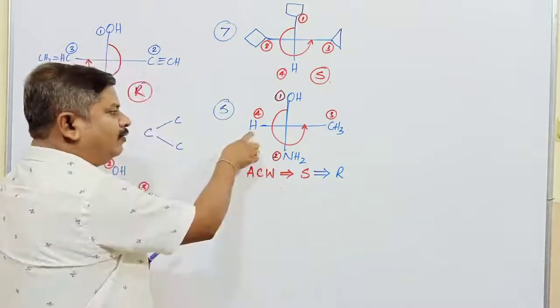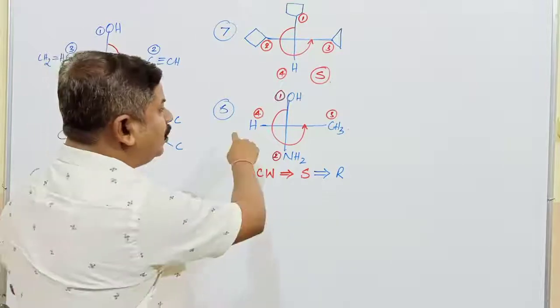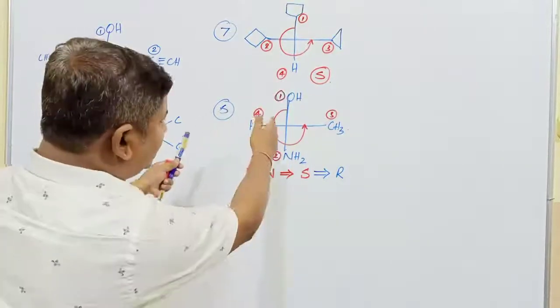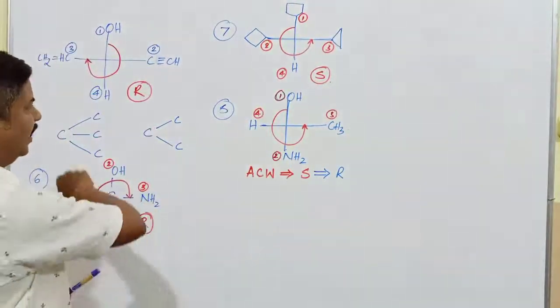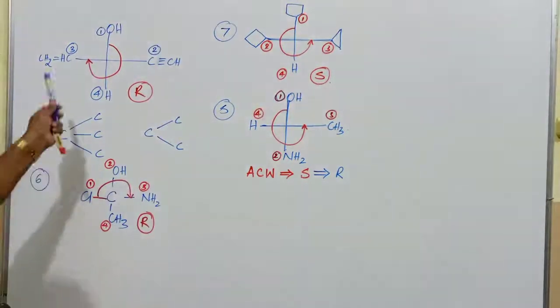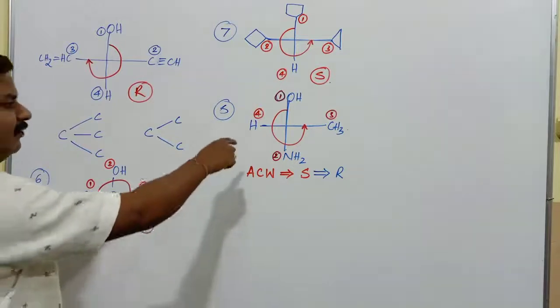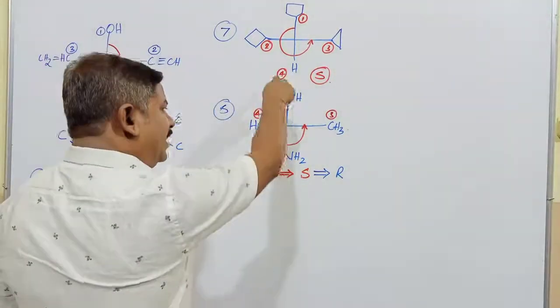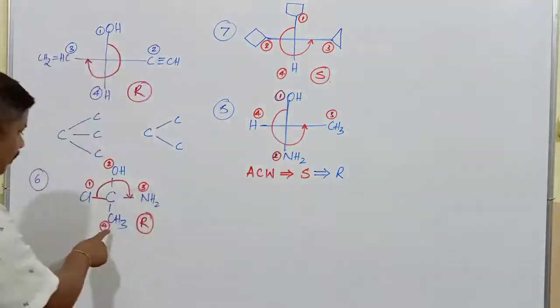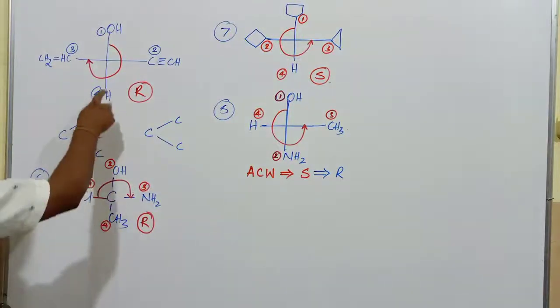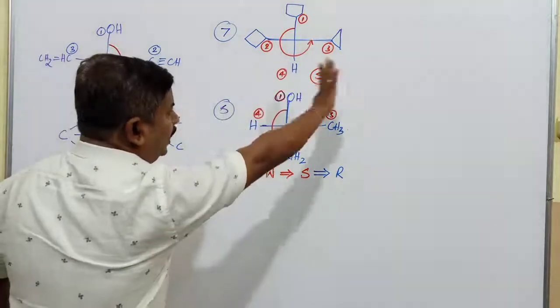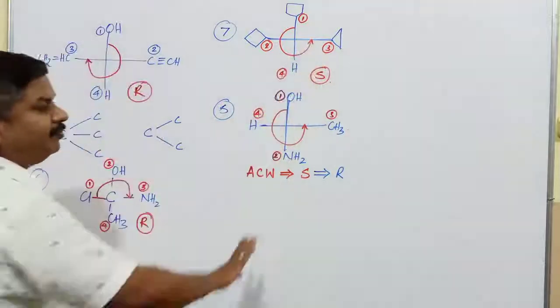Remember that the lowest priority group is present in horizontal position in the case of Fischer projection formulas. So what are the structures I have mentioned here? All these structures are Fischer projection formulas. In all these Fischer projection formulas, if the lowest priority group is present in vertical position, as I mentioned in these examples, then there is no need to change; the configuration is as it is.